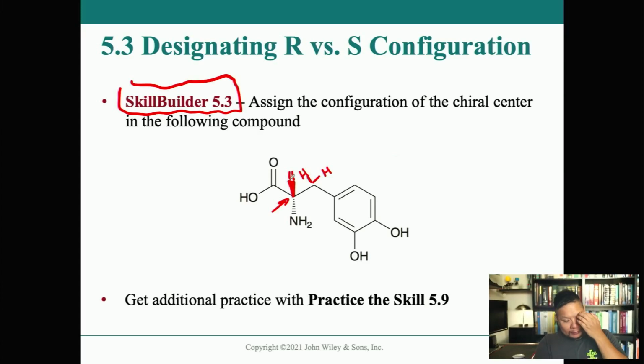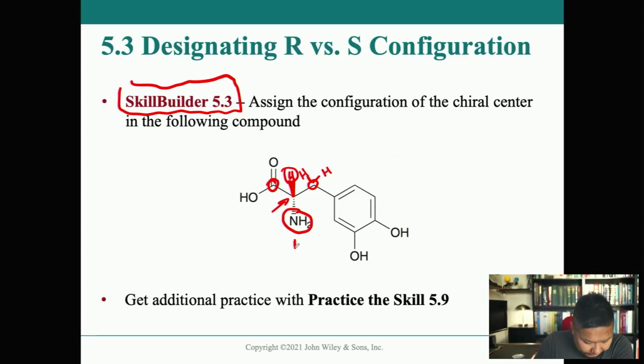All right. So it's already pretty easy now to do the first level of priority. When you look at this nitrogen versus this carbon and this hydrogen, you already know that the number one here will be the nitrogen, because the nitrogen has the highest atomic number, higher than carbon.